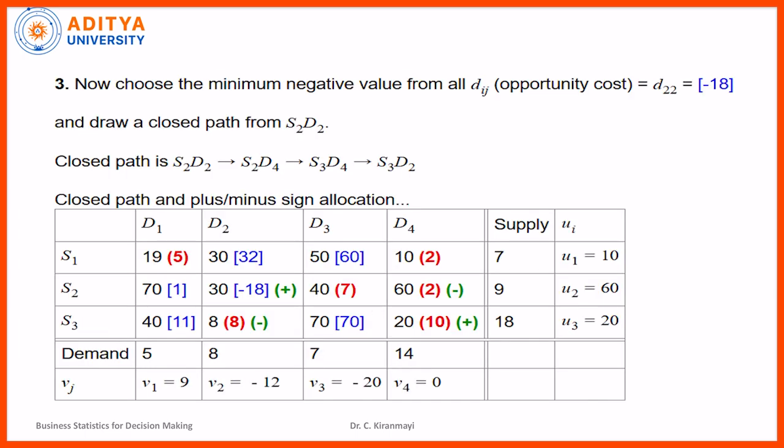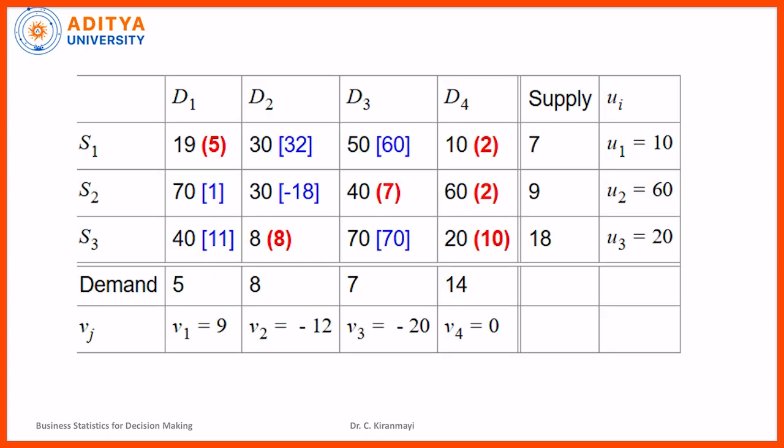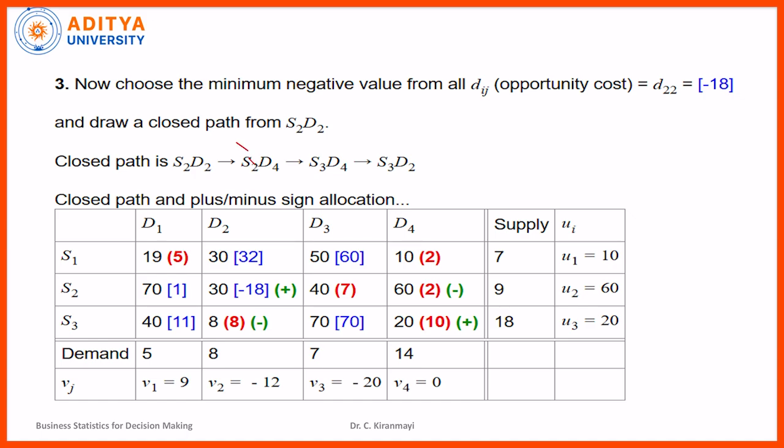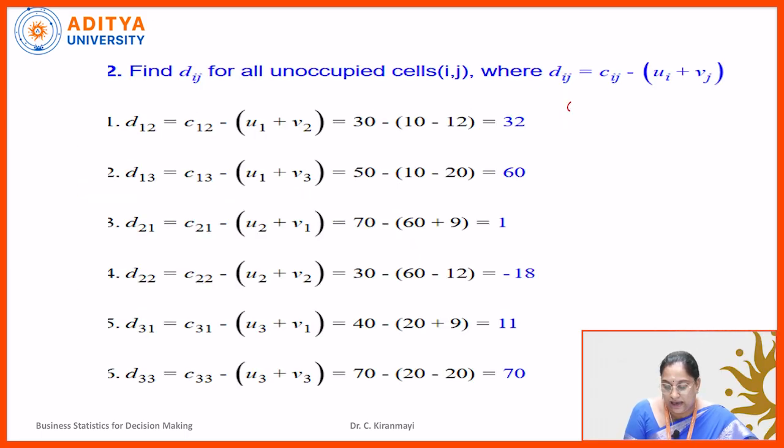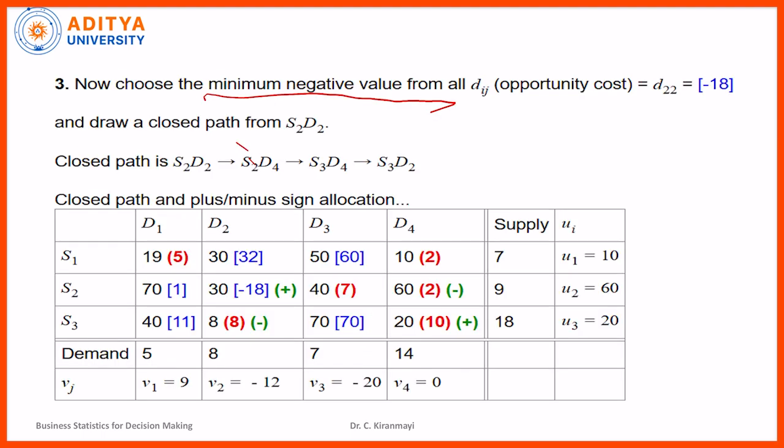Here we have to consider which unoccupied cell has the most negative value among all the Dijs, and that is D22. Therefore, we have to create a closed loop or closed path starting from an unoccupied cell.